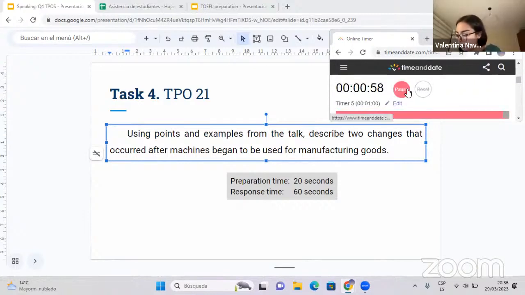Okay, the lecture discusses two changes after the Industrial Revolution. First, the professor explains that the center of production moved from homes to fabric because people used to produce things by their hands. And when they started to use machines, the production was more quickly, like clothes.